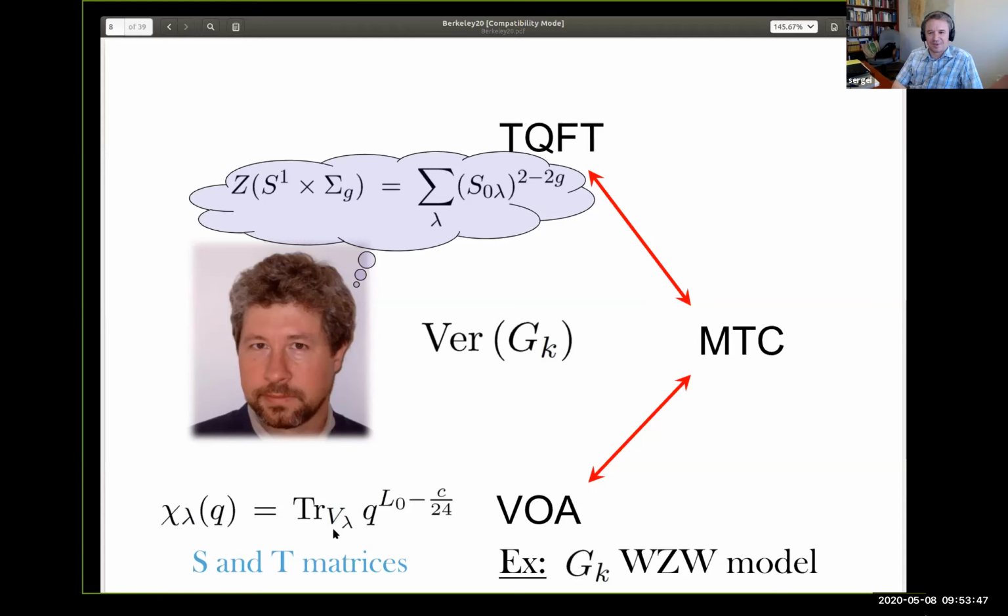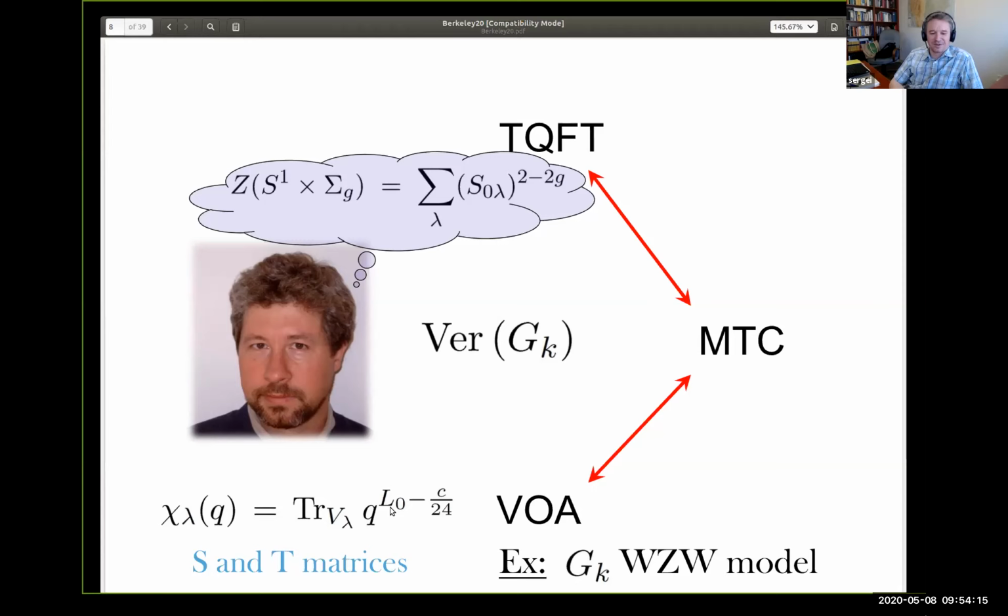In this case, there'll be Q-series expressions where you take a trace over this representation of some formal variable Q to the grading, which comes from the conformal vector in your definition of vertex algebra. So this Q-series expression will have a lot of interesting structure about the vertex algebra encoded in it.